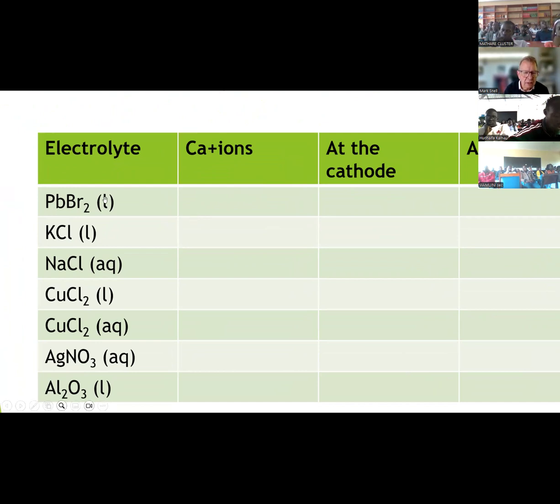Notice L for liquid and AQ for a solution. So molten lead bromide, molten potassium chloride, aqueous sodium chloride, molten copper chloride, aqueous copper chloride, aqueous silver nitrate, and liquid molten aluminium oxide.